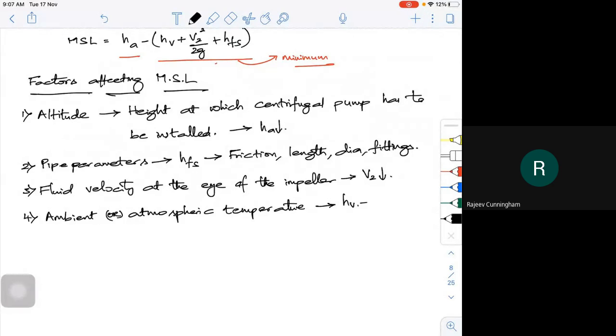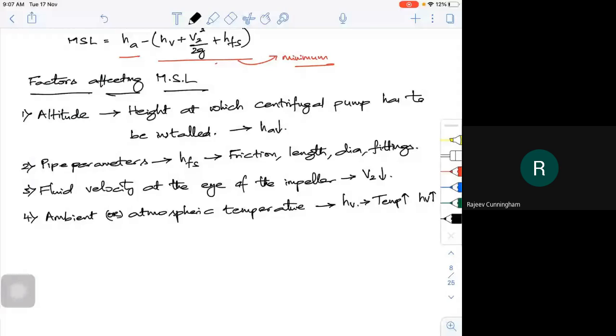If my temperature is high, what will happen to HV? HV will also increase, that means your vapor head will increase. So what should we have? We should have a decent or lower temperature. The pump should be installed in such a way that the temperature is roughly around 25 or 30 degrees. The temperature will have a major impact on vaporization of the fluid you are handling.